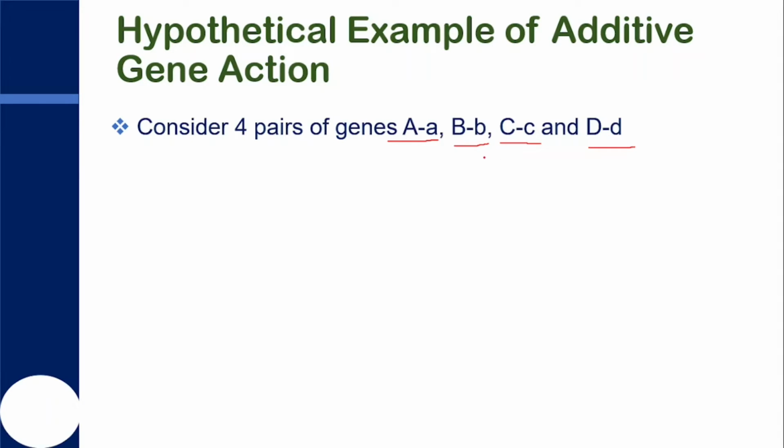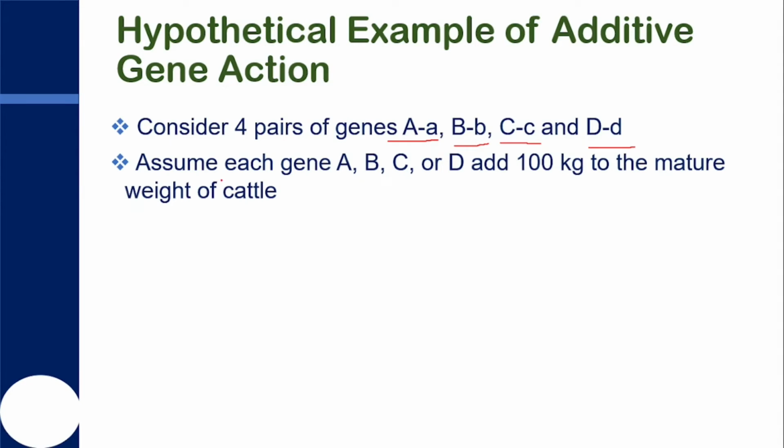So we have four pairs of genes, which means we have 8 genes. We will assume that each gene which is capital A, capital B, capital C or capital D adds 100 kg to the mature weight of cattle. So A adds 100 kg, B adds 100 kg, C adds 100 kg and D adds 100 kg to the mature weight of a cattle.